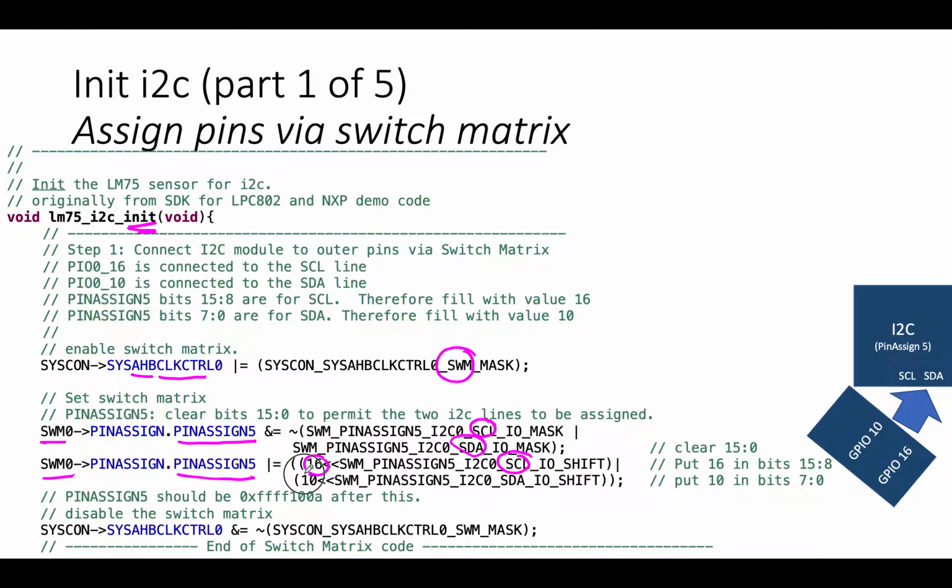We're going to be popping in value 10 into SDA because it's PIO 16 that goes to SCL and PIO 10 that goes into the SDA. From there we turn off the switch matrix.